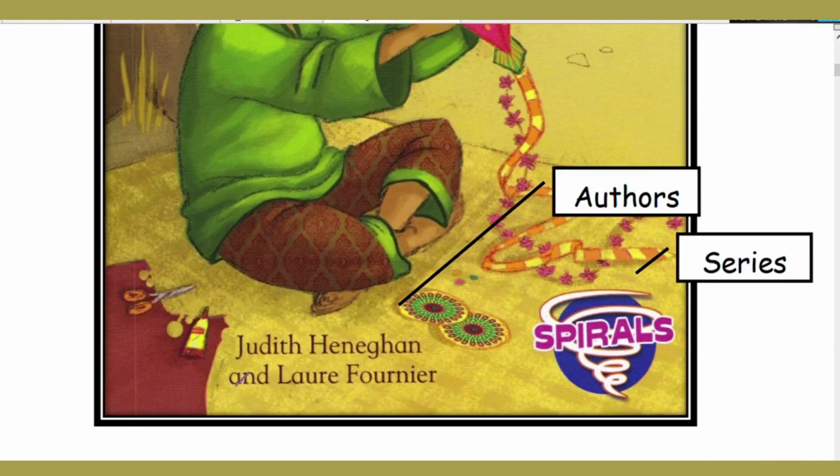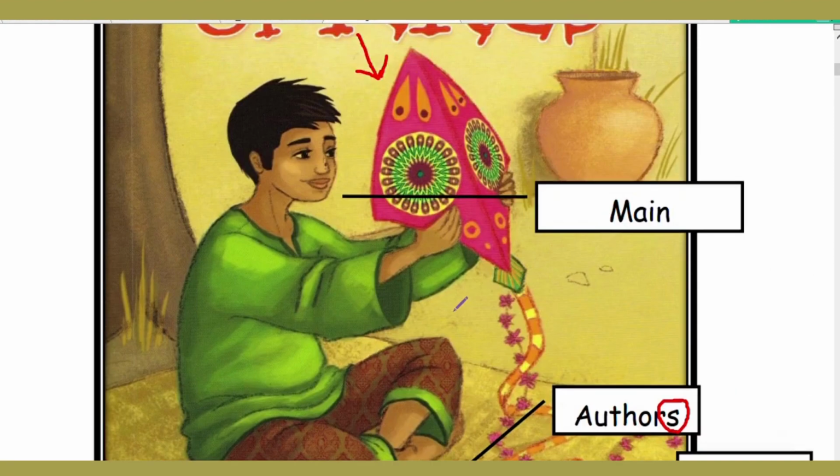These two people are the authors, because there are two people, so you have to put the S here, more than one, kuat. So ini adalah penulis, and then this is the series, Spirals. It's a series of short stories, and The King of Kites is one of them.